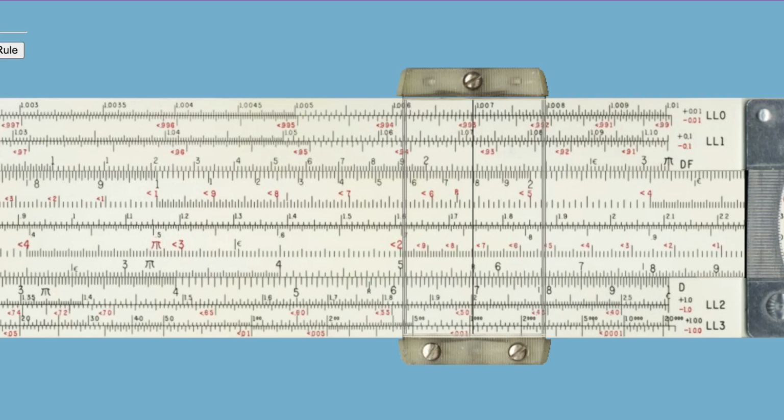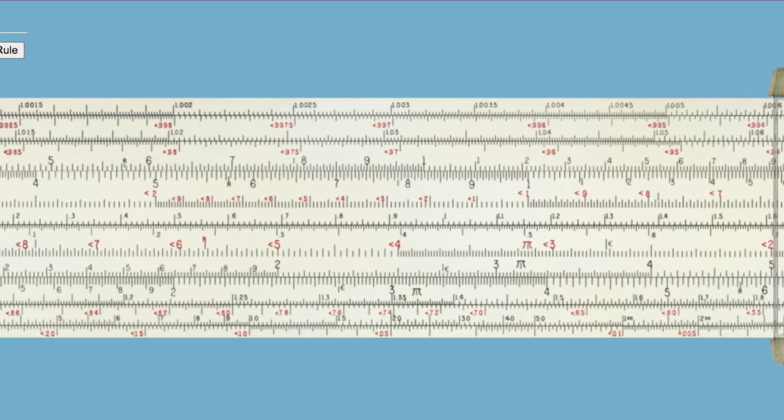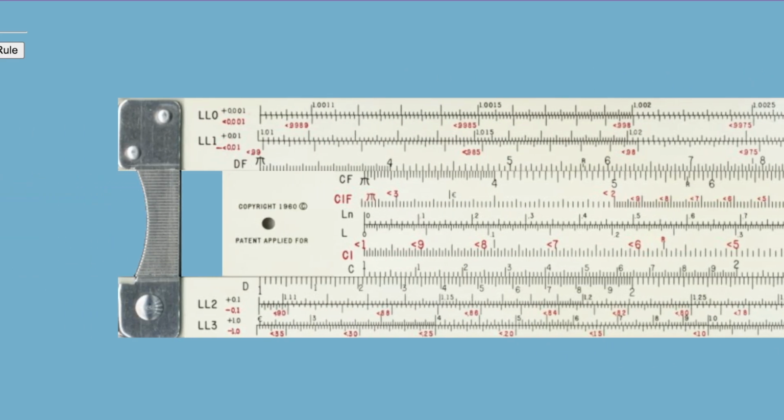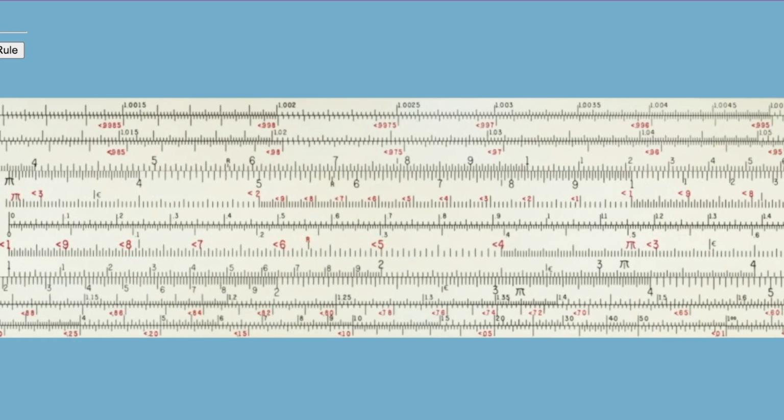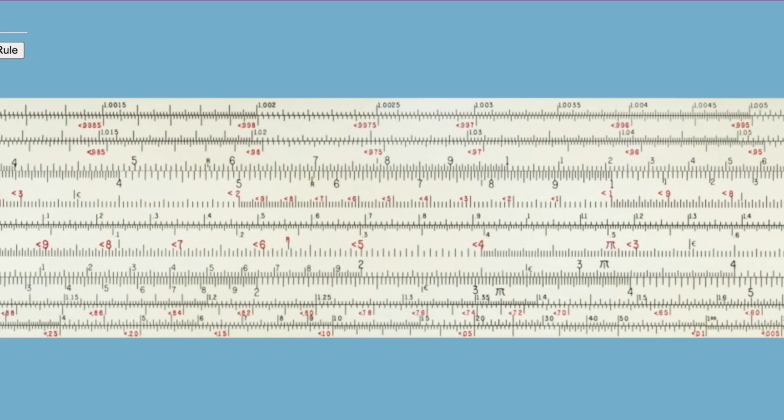So we just line up that gauge with the 0.5 on the red scale on LL2. Now, if we look over here, you will see that the decay rate is about 1.21. Now, that's not 1.21%. It's actually just a couple of orders of magnitude lower because you're dealing with 5,700 years rather than 57 years.